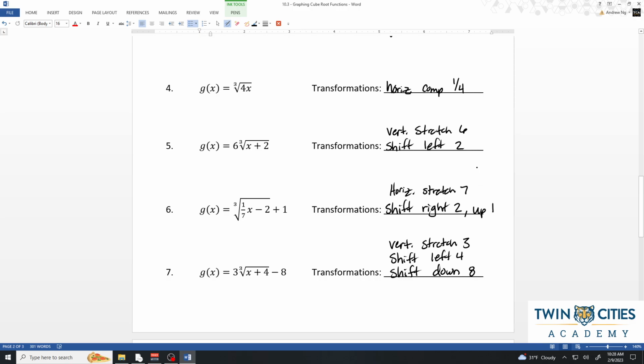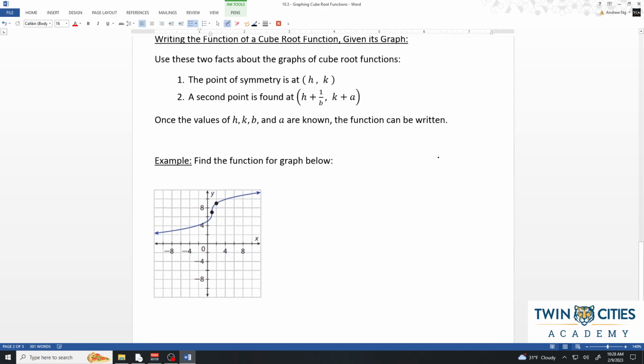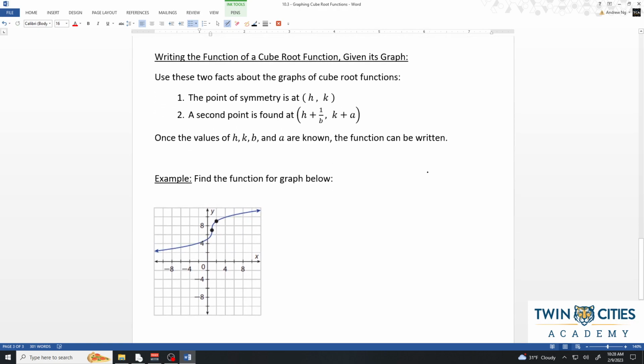And just like in the last section, we're going to be given problems where if I have the graph of this, I want to be able to find 2 points. One is the point of symmetry, and then I'm going to have a second point. I have formulas for this. The point of symmetry is at (h, k). That sounds familiar to us, just like square root functions started out, their initial point was at (h, k).